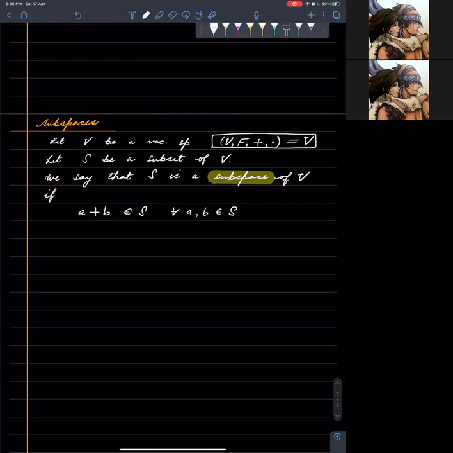Meaning if we add two things in S, we don't get out of S. So of course we remain in V, but we insist further that we should again get back an element of S.